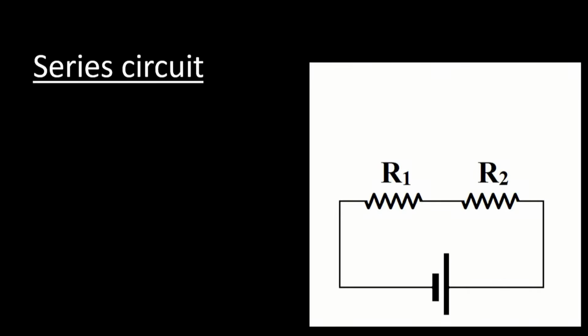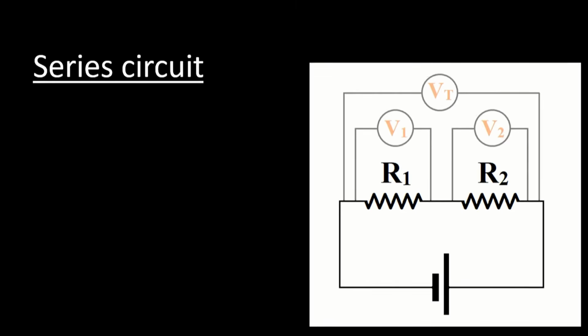In part 2 of the experiment, you will measure the total voltage across the two resistors, R1 and R2, by using the built-in voltage current sensor. You will measure the voltage V1 using a voltage sensor, and then you will move the voltage sensor to measure V2.